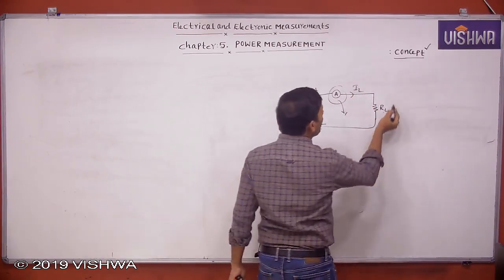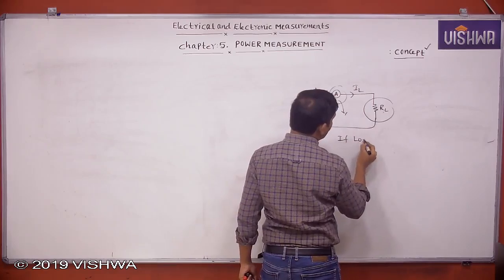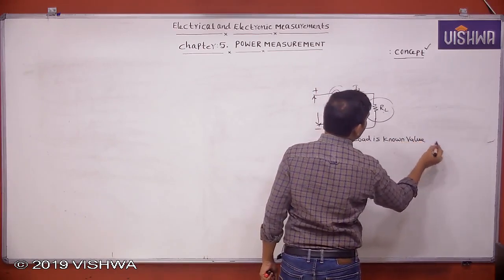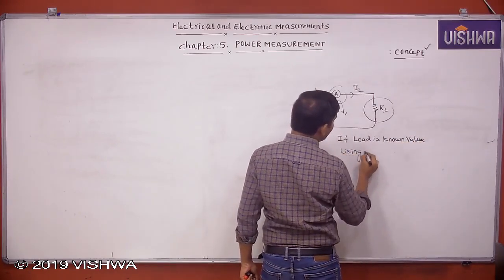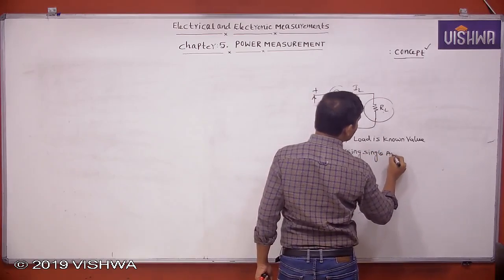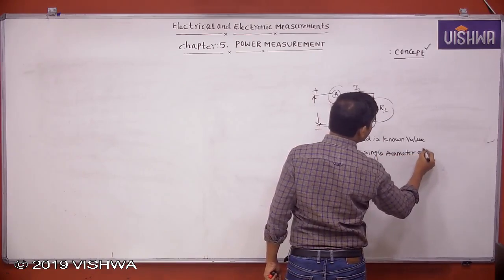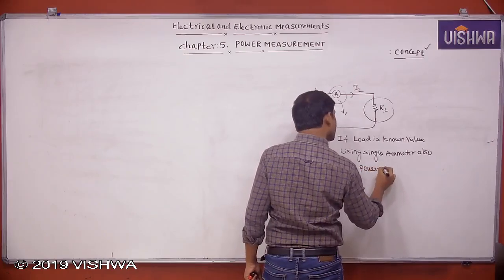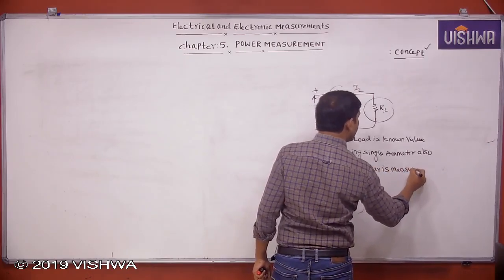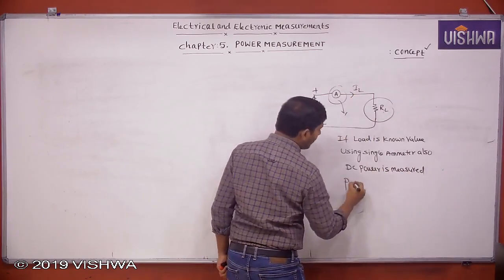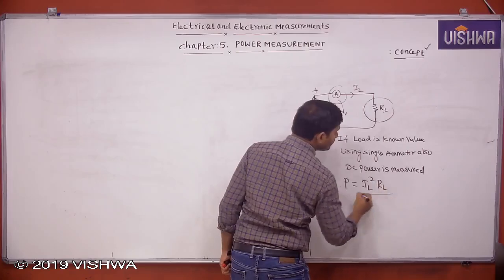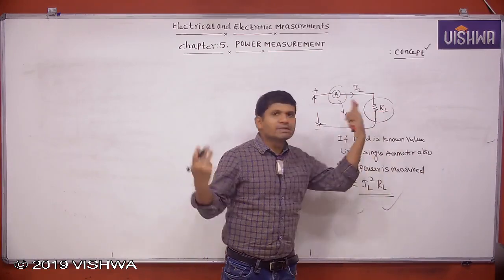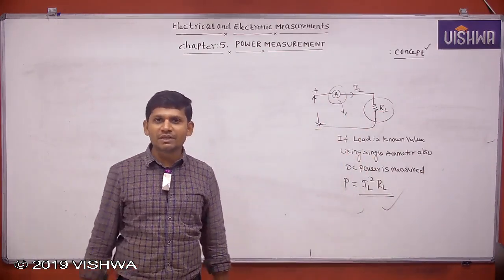If the load is a known value, using a single ammeter, DC power is measured. Then power equals IL square into RL. This current is measured by the ammeter, and the load is already a known value, so a single ammeter is enough. That is also DC power measurement.